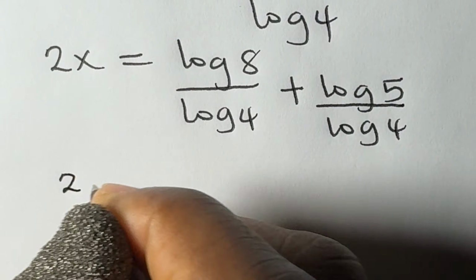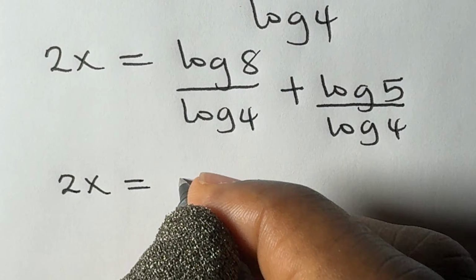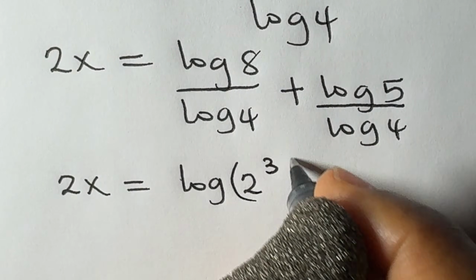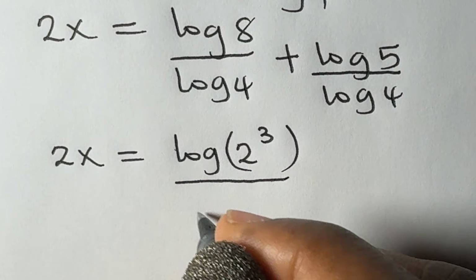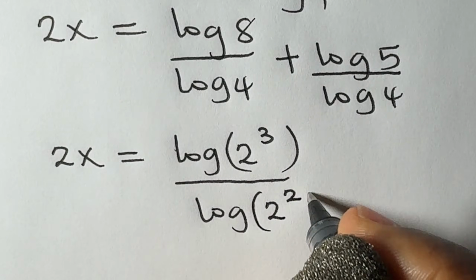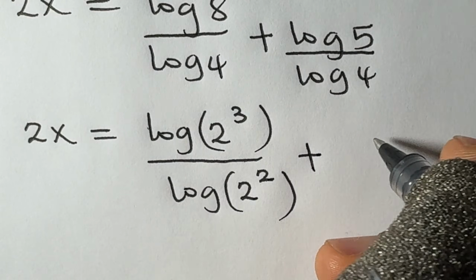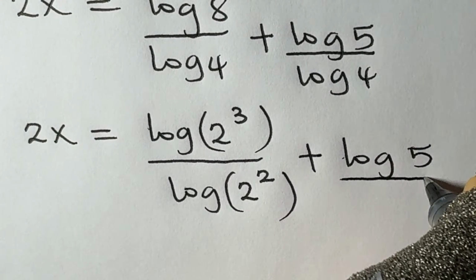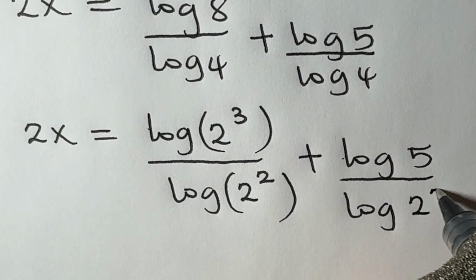giving us 2x is equal to, I'll rewrite log 8 as log 2 raised to power 3, then divided by log 4, which is same thing as log 2 raised to power 2, then plus log 5 divided by log 2 raised to power 2.